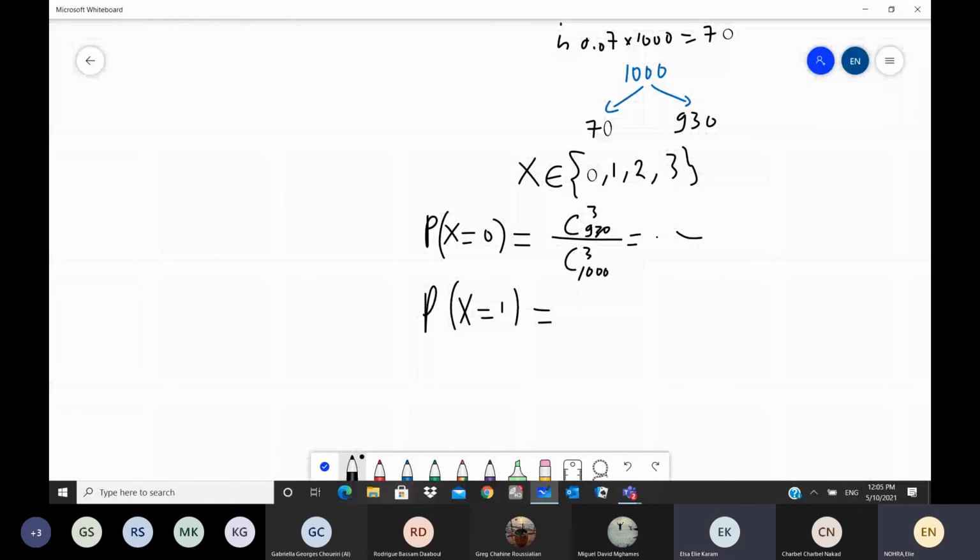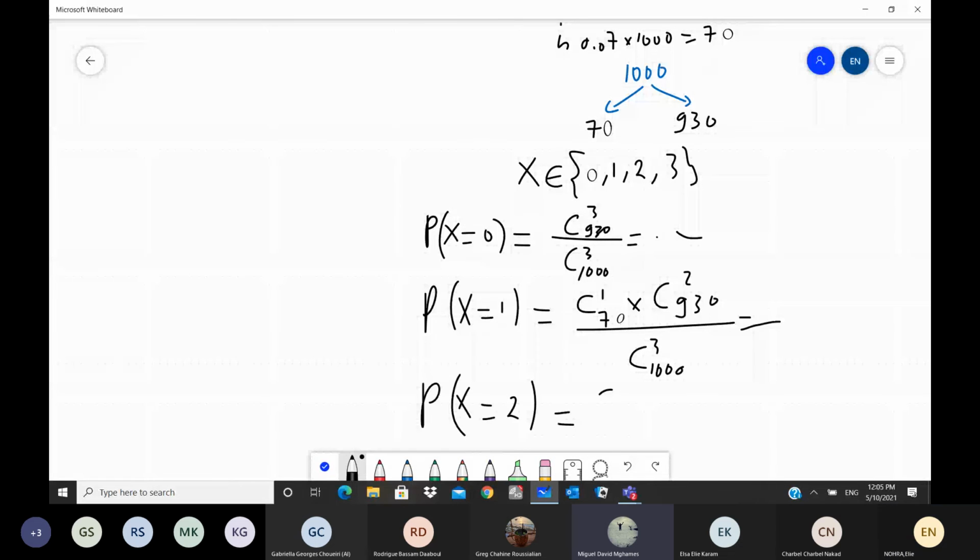P of X equals 1, guys. It's C1 70 times C2 930 over C3 1,000. P of X equal to 2 is C2 70 times C1 930 over C3 1,000.